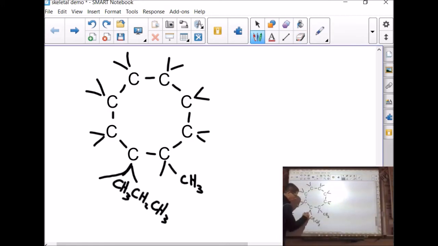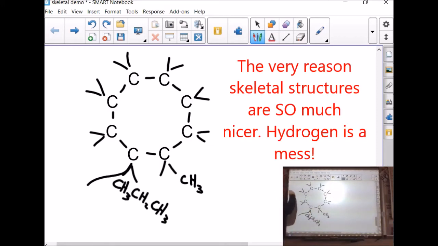Let's say that line is its own hydrogen. That's kind of ugly. And let's go CH2CH3. So to clarify this, this is connected to this middle carbon right here. Okay, so what would the name of this be?